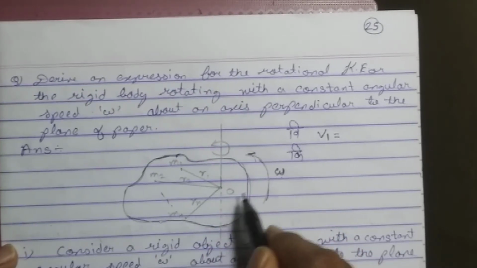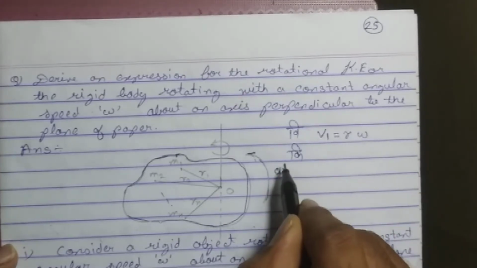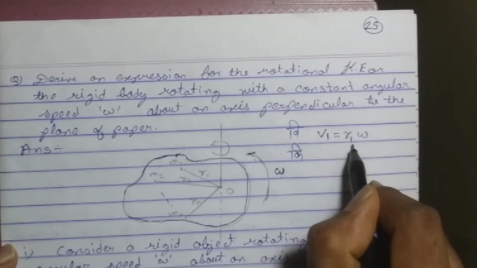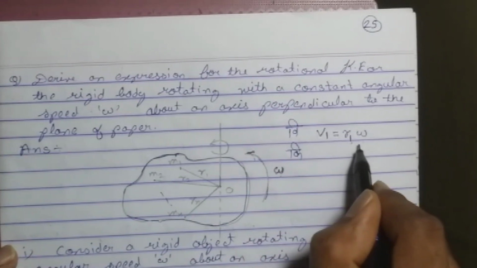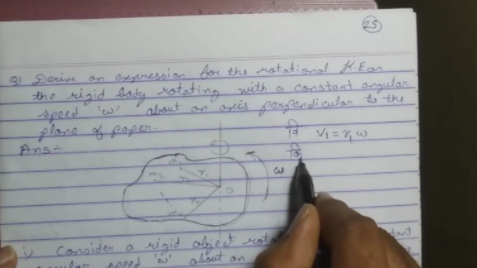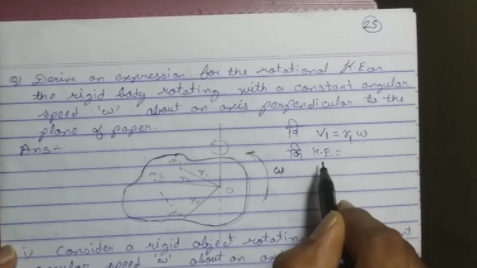We know the formula for linear velocity is r into omega. Since the distance of this particle from the axis of rotation is r1, v1 equals r1 into omega. Students, KE here stands for kinetic energy.